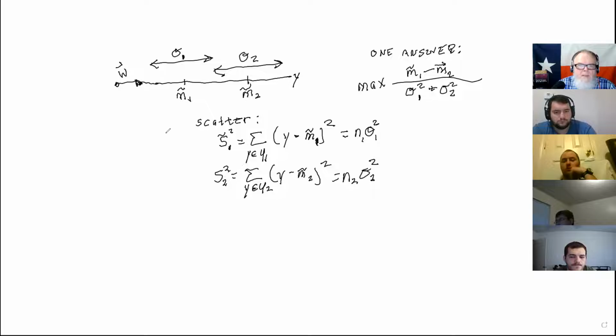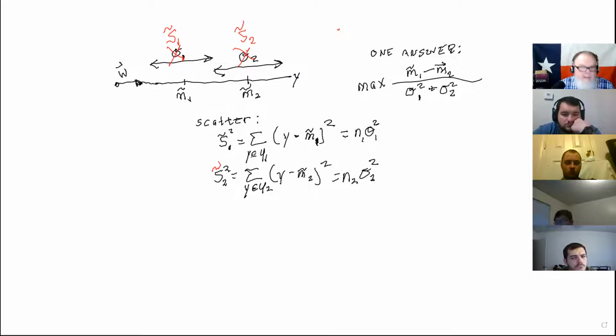So what he wanted to do was to measure this not using the standard deviation, but rather using the dispersion S1 twiddle and S2 twiddle.